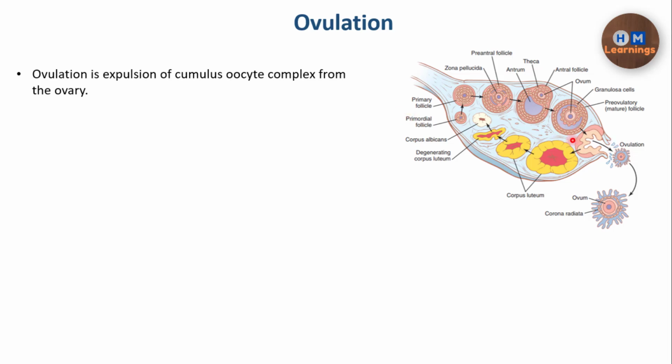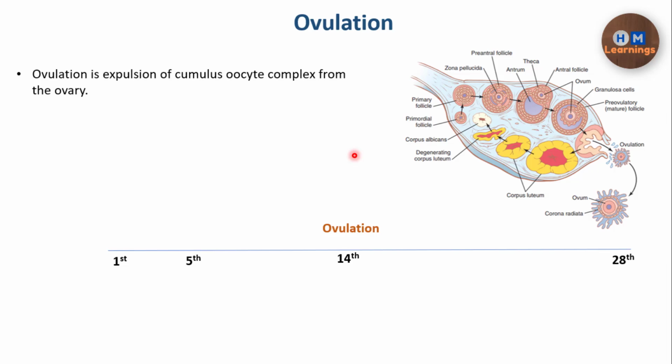We are going to see how exactly this rupture happens, but before that we have to understand when ovulation happens. In a 28 day cycle, ovulation usually happens on the 14th day.